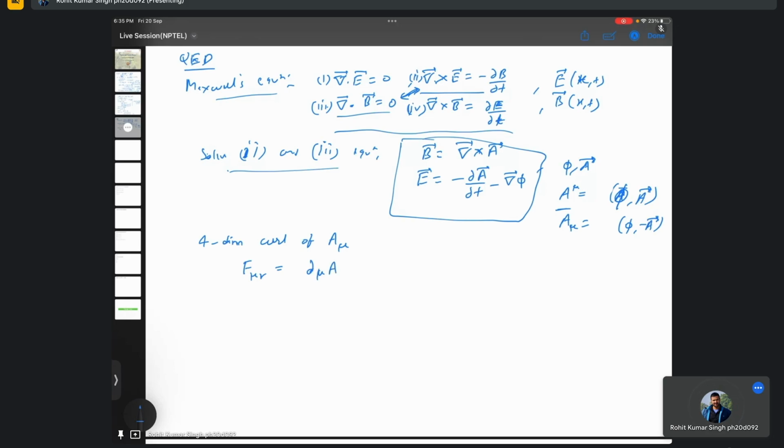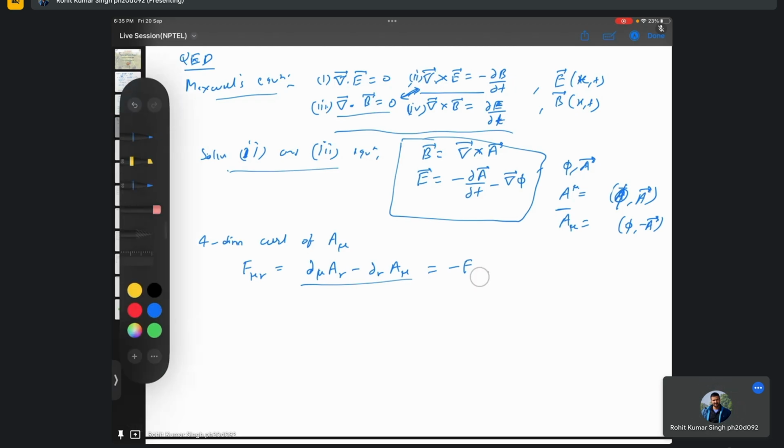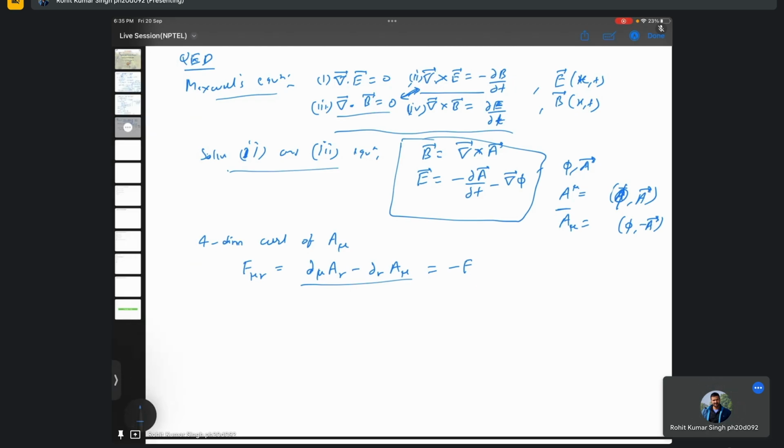The 4-dimensional curl is defined like this, and it should be antisymmetric.